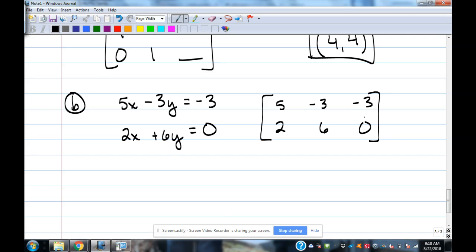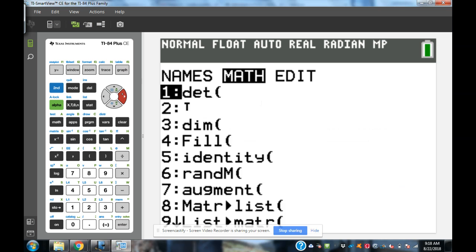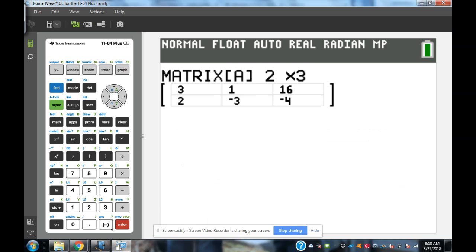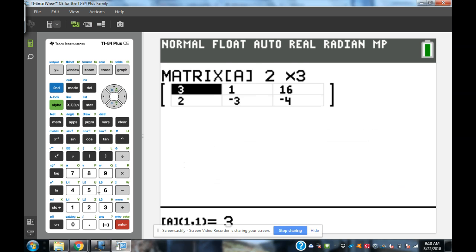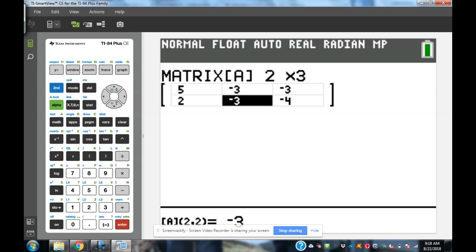So we need to put that matrix into our calculator. Edit. 2 by 3 again. 5, -3, -3, 2, 6, 0.